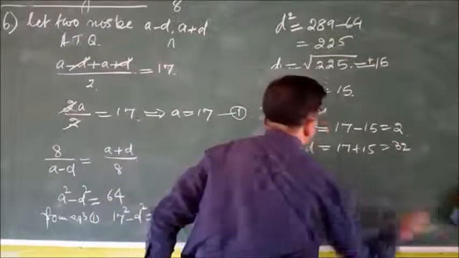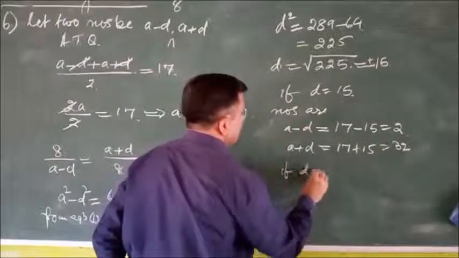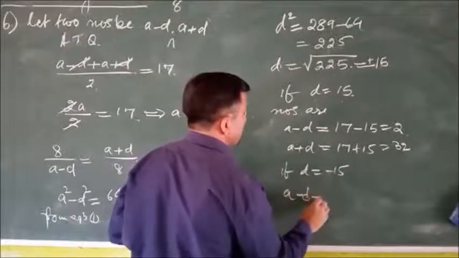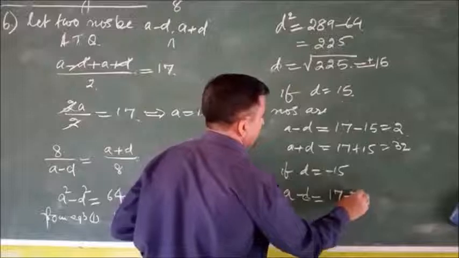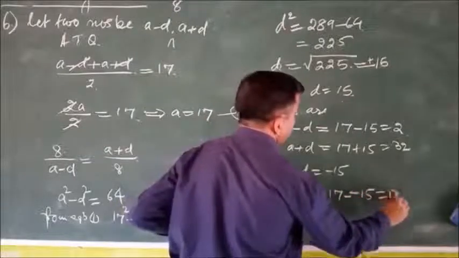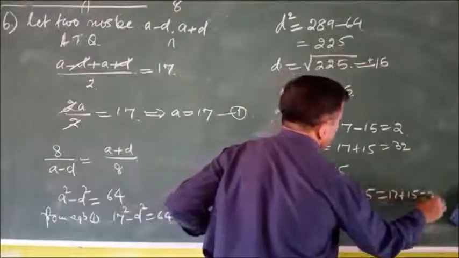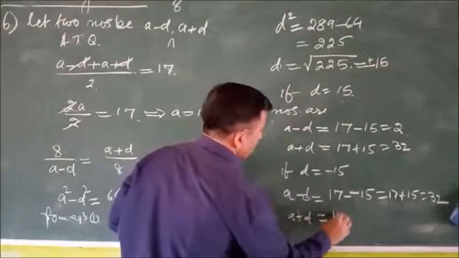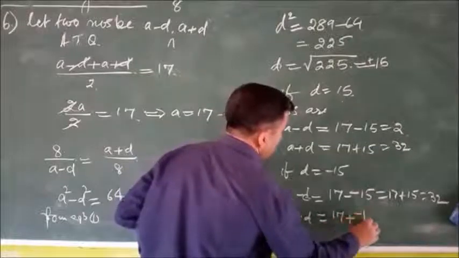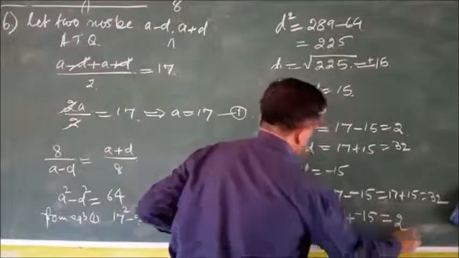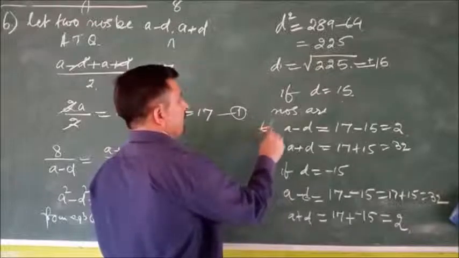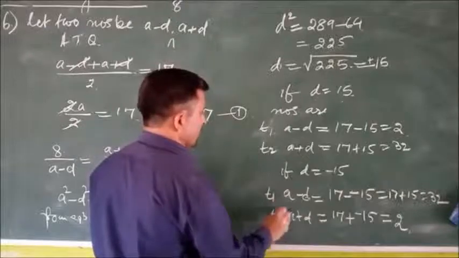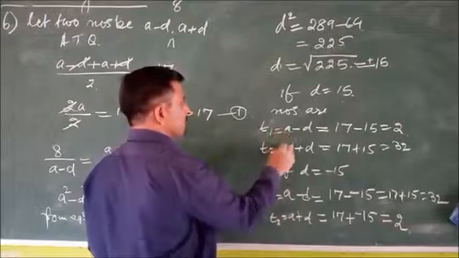And likewise, if D is negative 15, then the first term A minus D is 17 plus 15 is equal to 32, and the other number A plus D is 17 minus 15 is equal to 2. This is your first term, this is your second term. Understood?